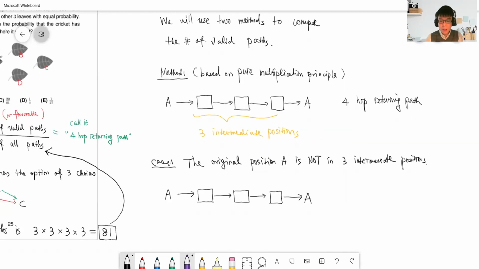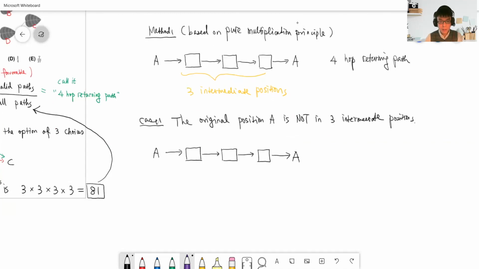Let's see the number of options for each hop in such a case. Notice that for the first hop, there is no constraint. The cricket can hop from A to B, C, or D. There are totally 3 options. That's the first hop, 3 options.